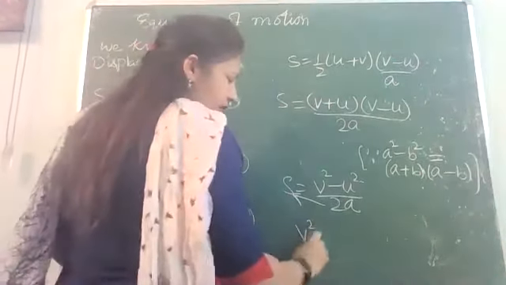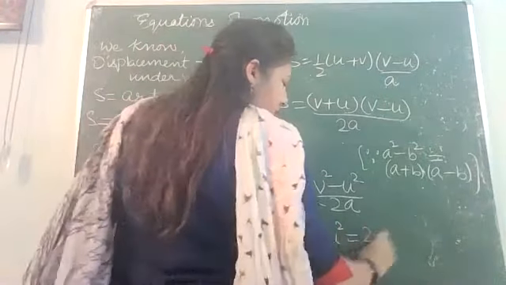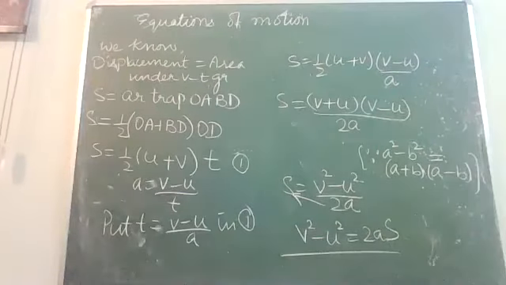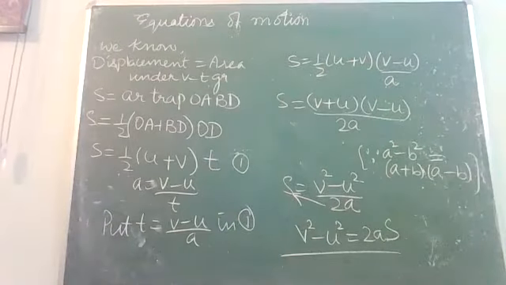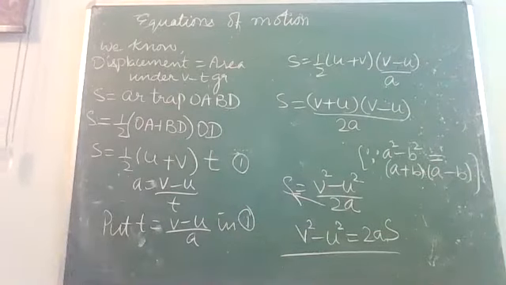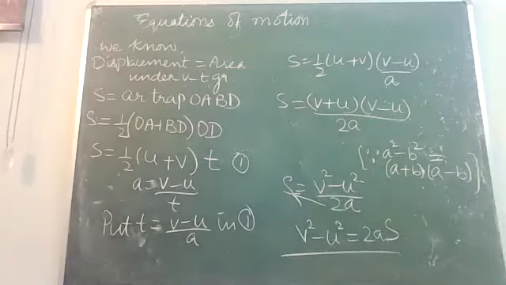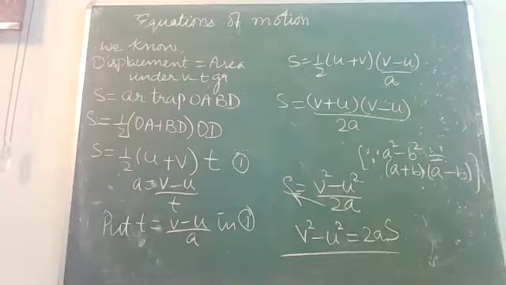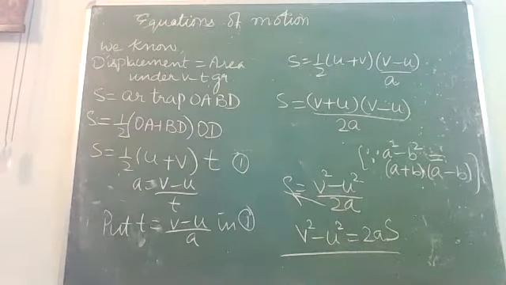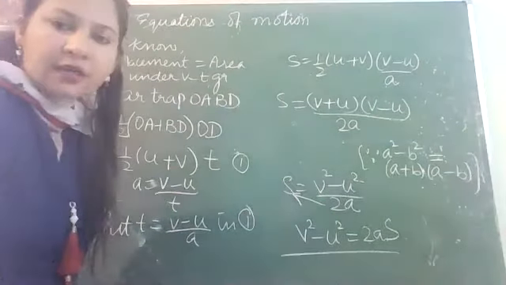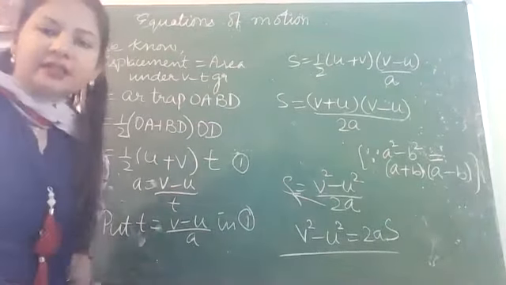So we get V square minus U square equal to 2AS. So this is the proof of the third equation also by graphical method.